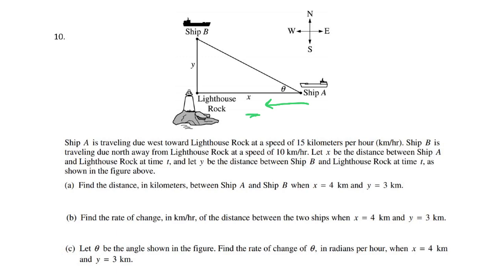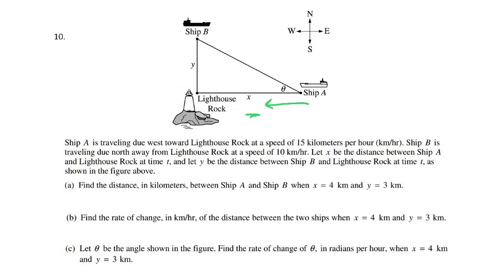It would make sense that they need to slow down, or they're just going to smack straight into the lighthouse. And then ship B is traveling due north away from the lighthouse. So they're probably gaining speed there, one would think.